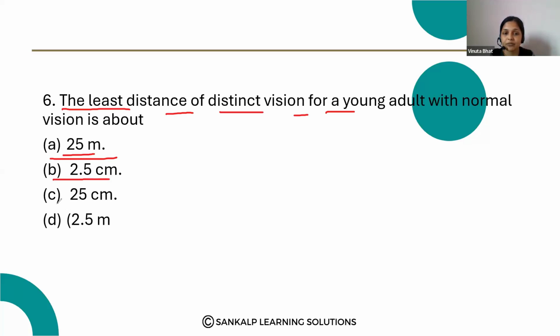Option C, 25 centimeter. Option D, 2.5 meter. Here, the least distance of distinct vision for a young adult with normal vision is already given, that is 25 centimeter. Option C is the correct answer.